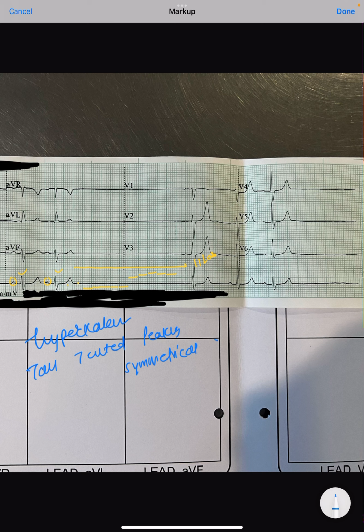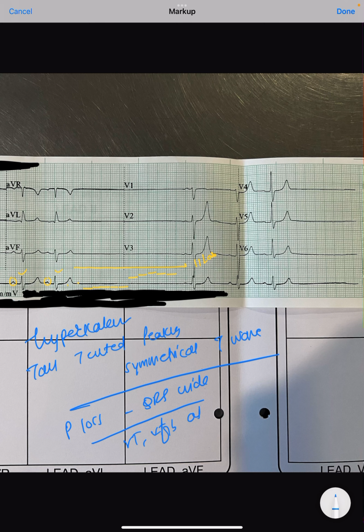After that, we see loss of P wave and QRS widening. After that, the patient may at any time have VT, VFib, or cardiac asystole, and very commonly patients may also land up in a sine wave pattern.